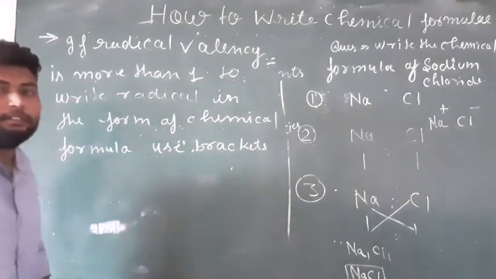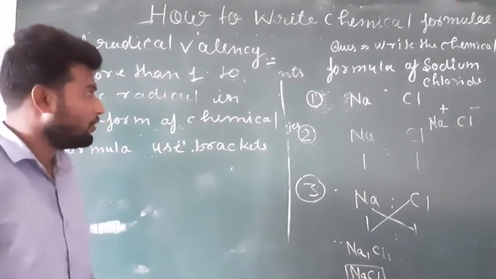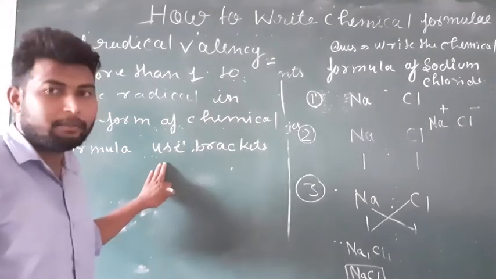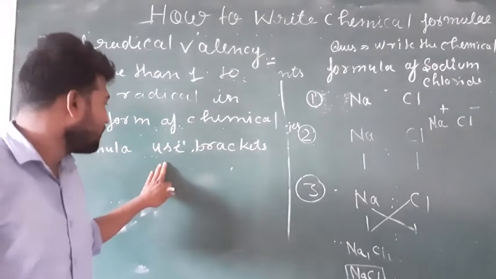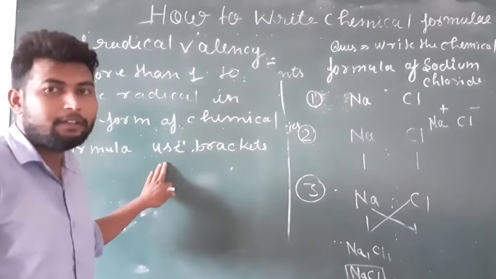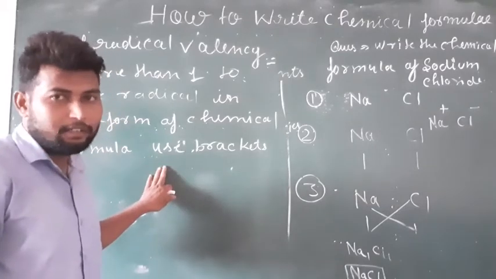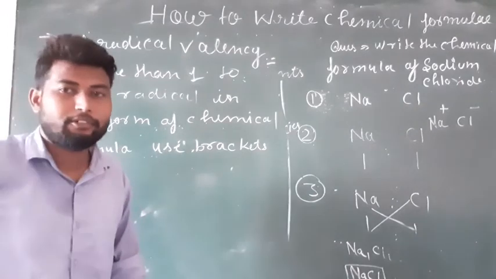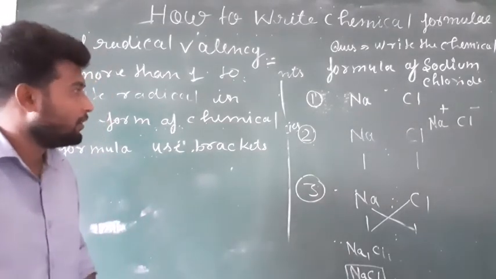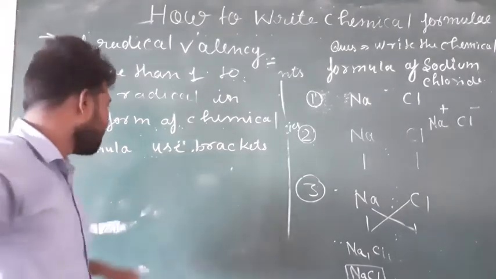So all these rules are helpful for you to write chemical formulas. These are the rules we are going to use with the help of examples. Students, in total 7 rules are present for how to write a chemical formula, and we are going to use these 7 rules with the help of examples.